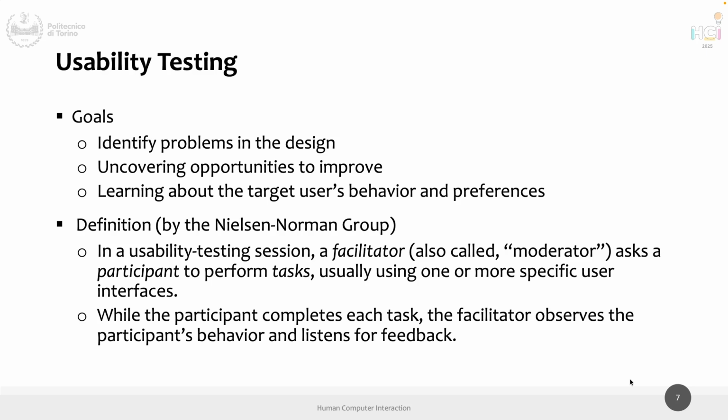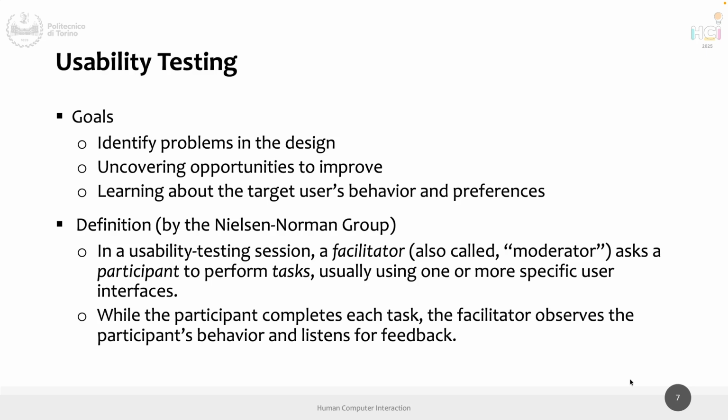Then you have one participant that should be from your target user group that will perform some tasks decided beforehand by the researcher, by the designer, by the developer, in tasks that will cover the entire application or the part of the application of the system that you want to explore and you want to get feedback on.